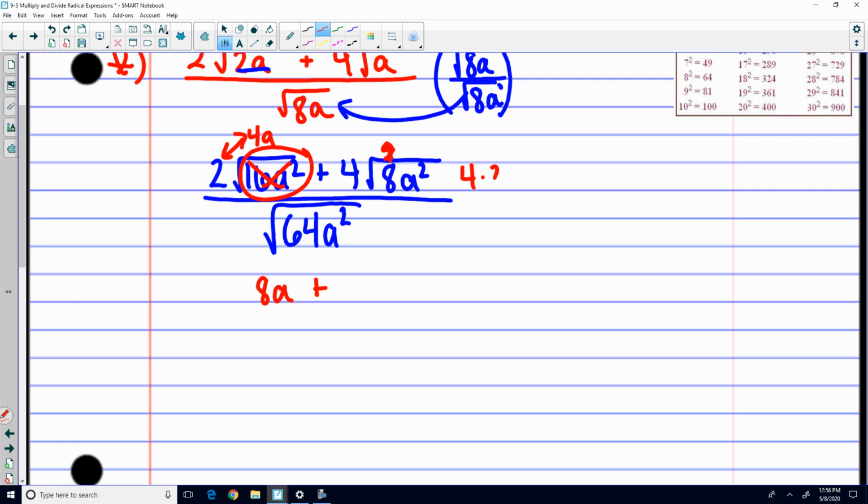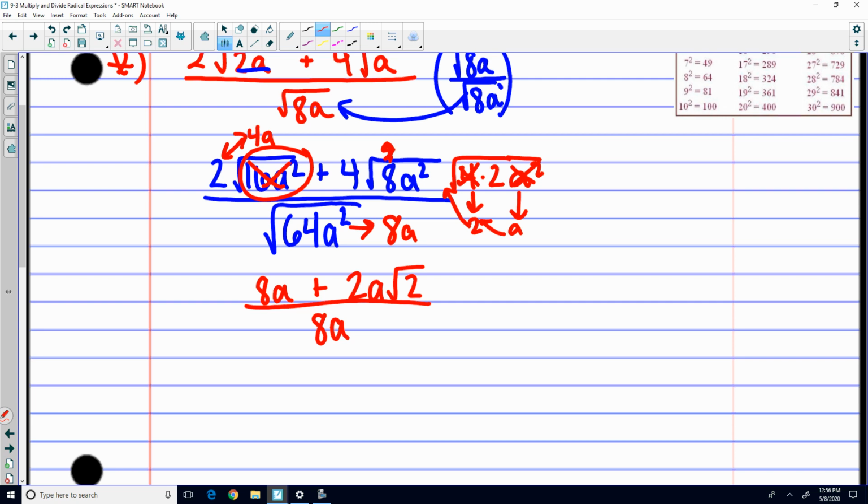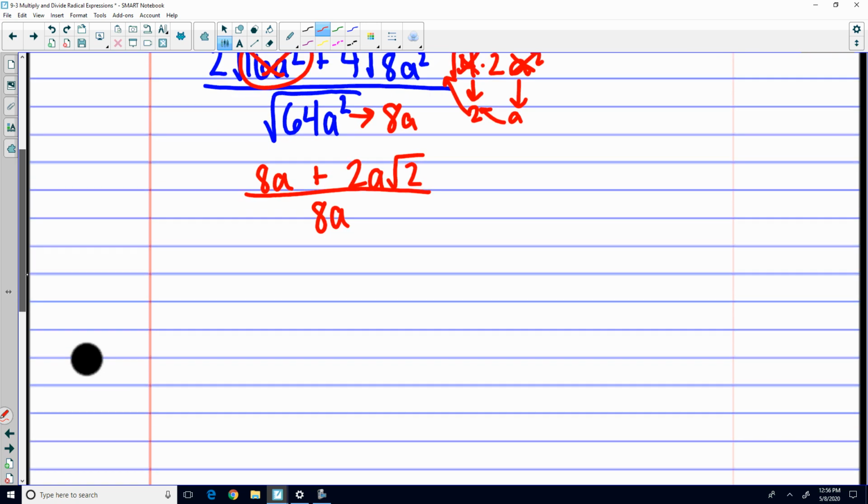It's going to be 4 times 2a squared. So the 4 is going to come out as a 2, and the a squared is going to come out as an a. So they're gone. I'm left with just a 2. So this is going to turn into 2a squared root of 2. And then this is also a perfect square. It's going to be 8a, all over 8a. So I'm going to go ahead and start dividing now.